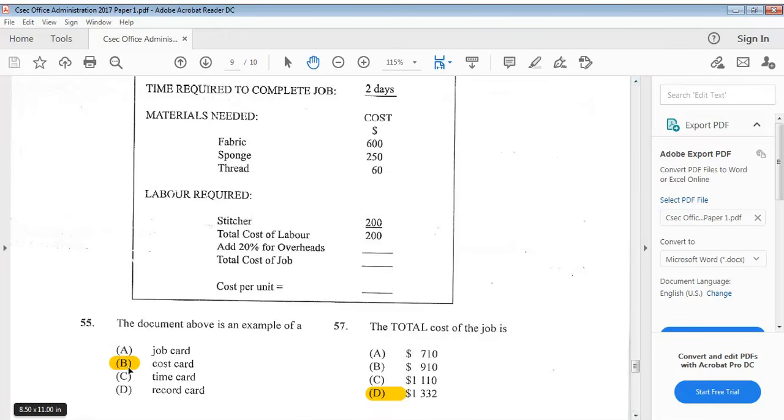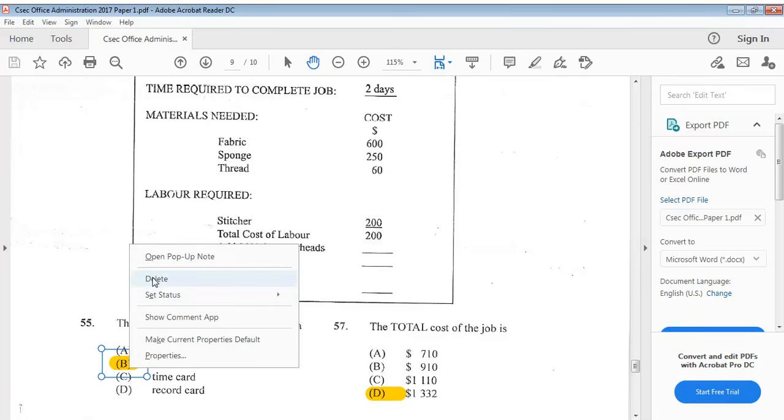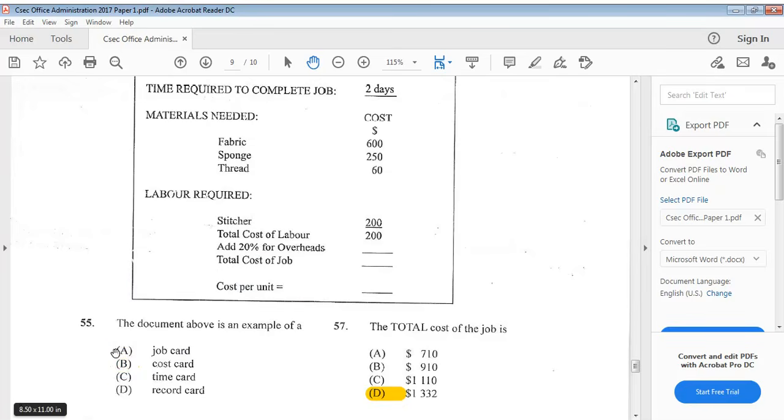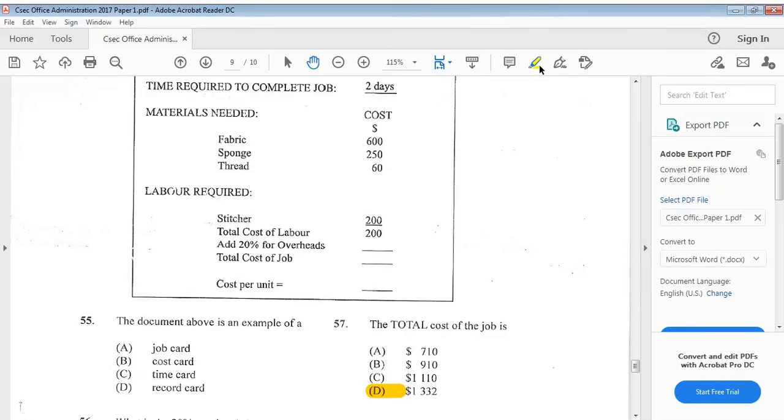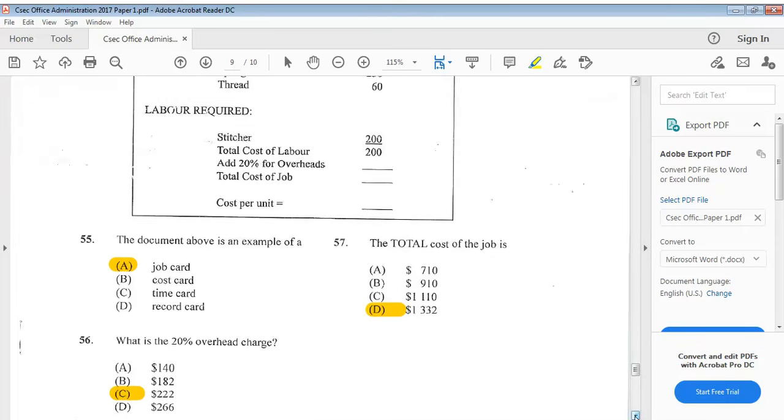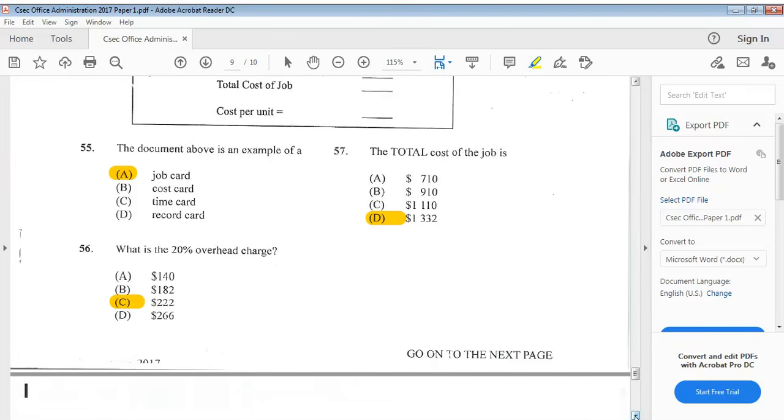Sorry, this is referred to as a job card. All right, this is a job card. Let's move on to 56.